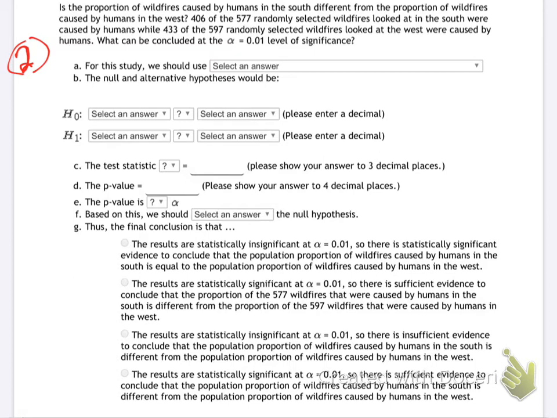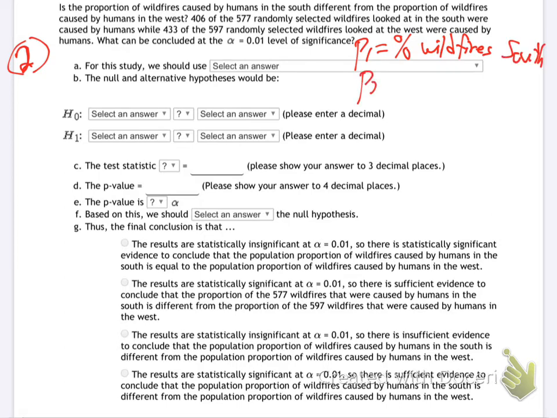So we're going to let P1, so you always have P1 and P2, be the percent of wildfires caused by humans in the south.